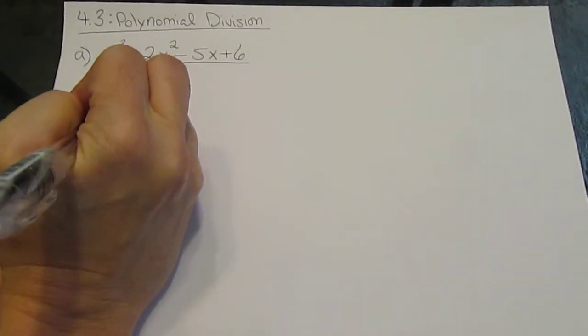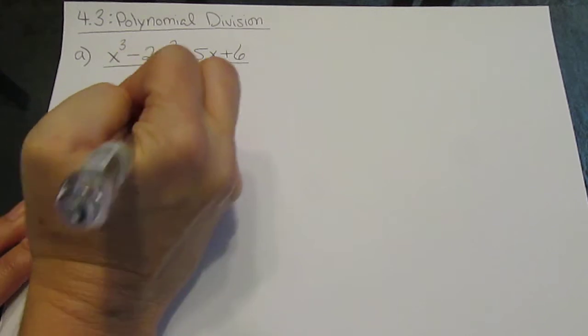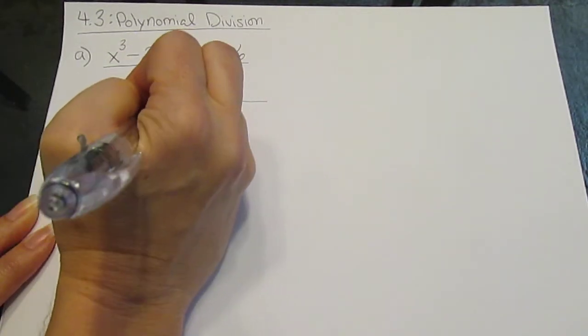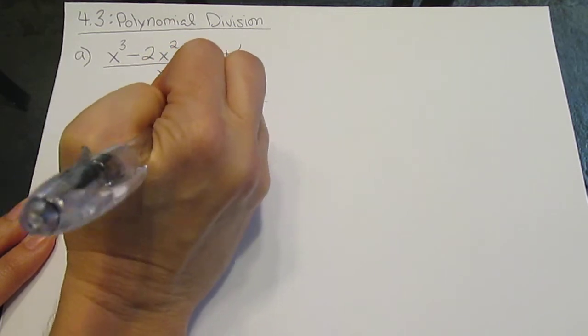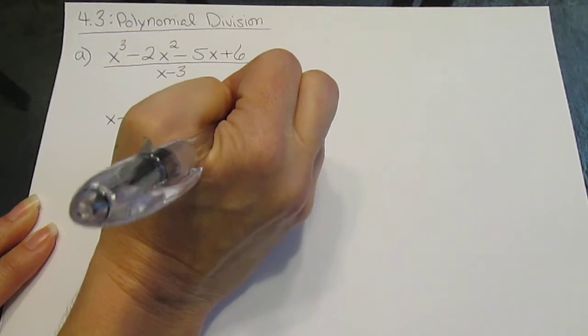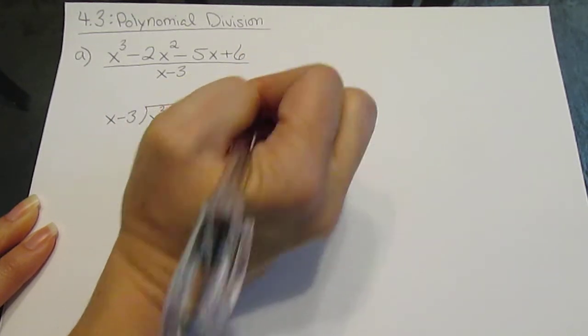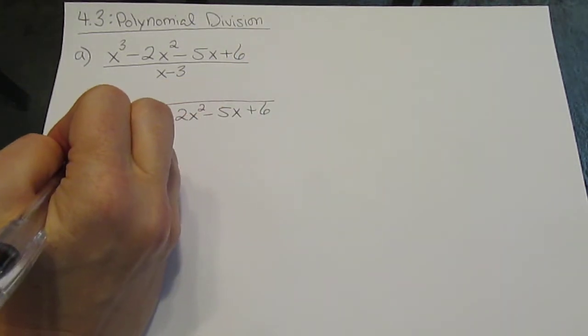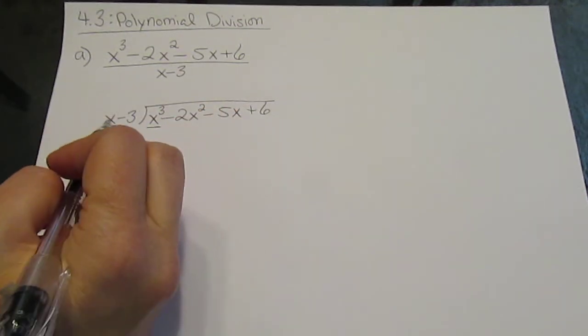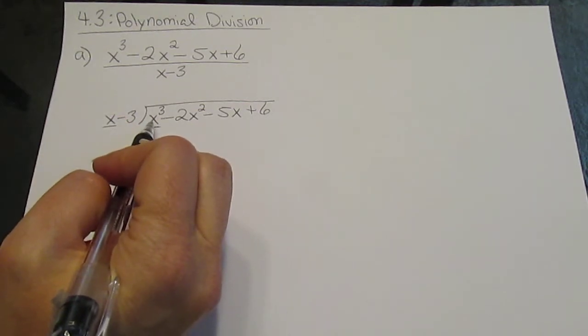So we're going to just divide them. So x minus 3 being divided into x cubed minus 2x squared minus 5x plus 6. And you're just going to look at the first terms here and you ask yourself, what times x gives me x cubed?